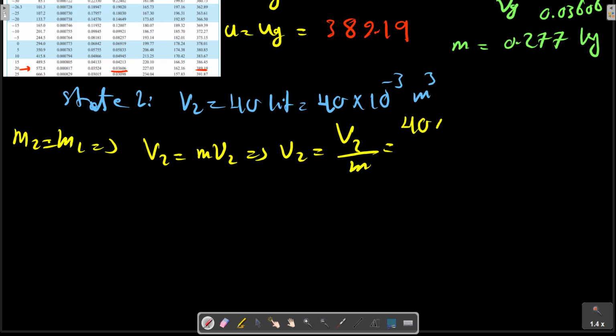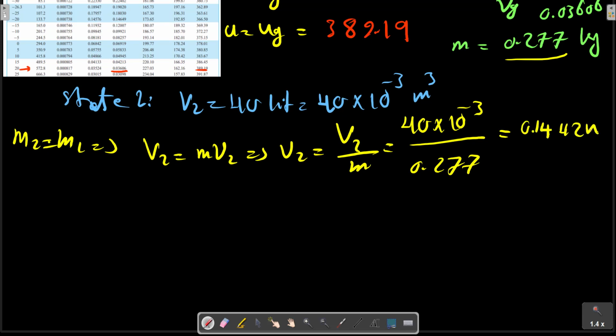We have M at the second point, and also the specific volume at the second position is obtained. If the work done during the process is how much?